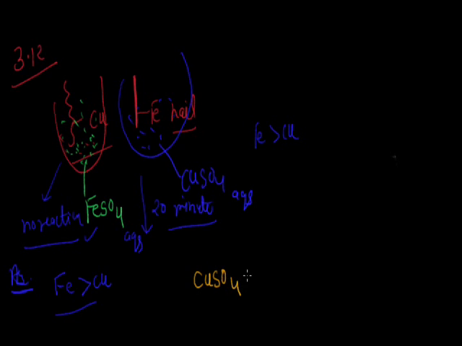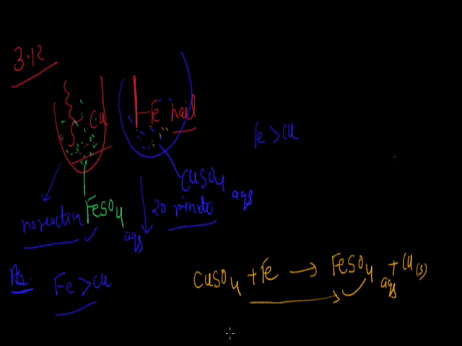Copper sulfate reacts with the iron nail, and there is a displacement, giving FeSO4 aqueous and copper solid. After some time, the solution has FeSO4, which is light green, and the iron nail has a deposition of copper. So a replacement reaction occurs. This is called a single displacement reaction.